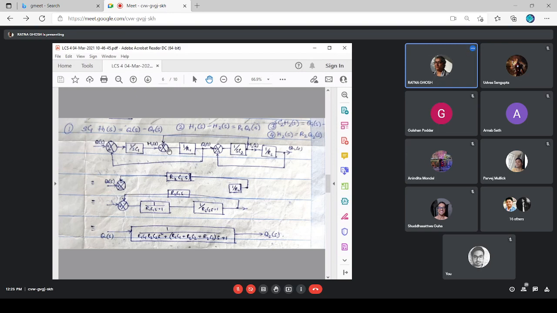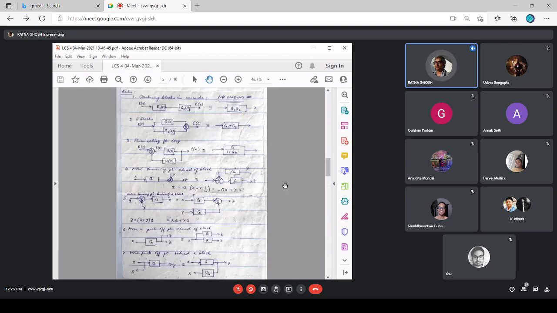For this configuration, what I did was shift this one out to before this block, and this branch point was moved after the block. We use the basic properties: moving a summer ahead of a block, behind a block, and a pick-off point.